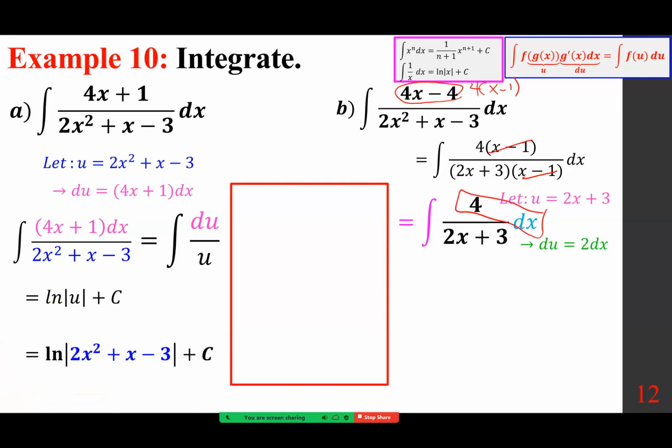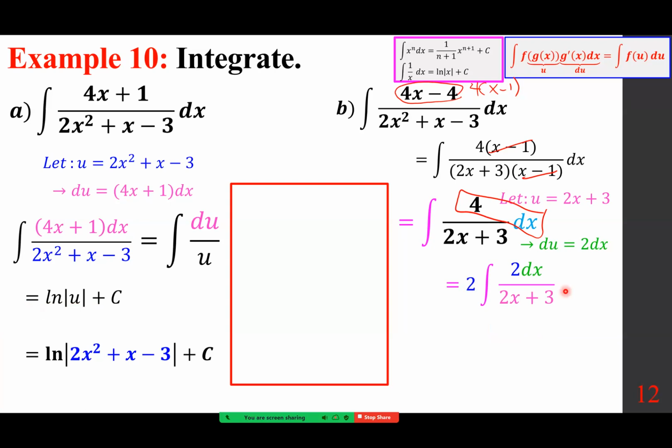If I put the dx at the top, the numerator has 4 dx, but I need 2 dx. Not a big deal. It's 2 times 2 dx. And I can put one of those 2's outside the integral sign. It doesn't matter inside or outside. It's just a multiplier, a coefficient.